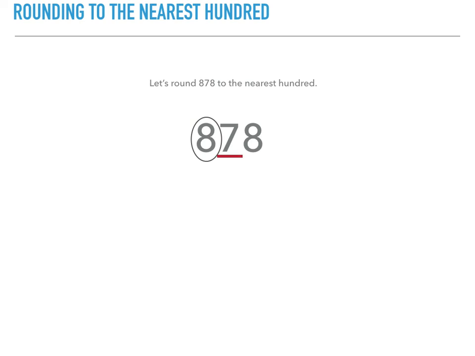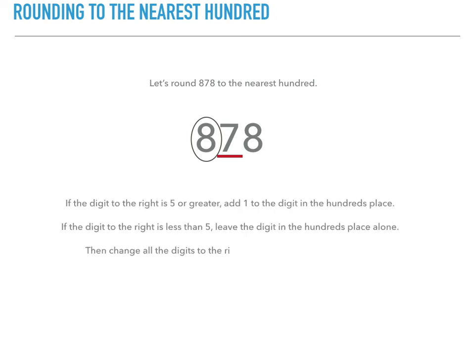We can see that 7 is greater than 5, so we are going to add 1 to the digit in the hundreds place. And then we will change all the digits to the right of that number to 0. Here in our example, you can see because 7 was greater than 5, we added 1 to the digit in our hundreds place, and all the numbers to the right of that became 0.